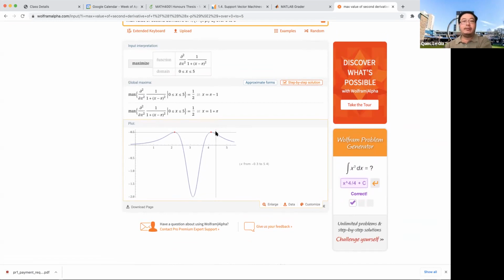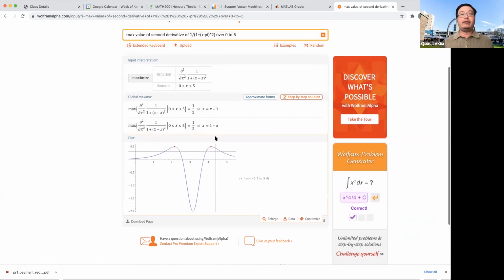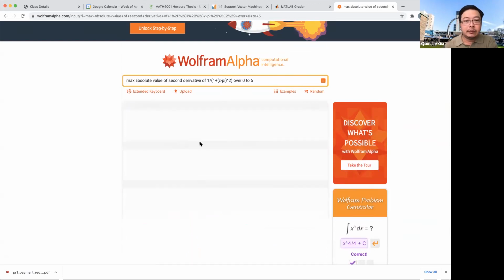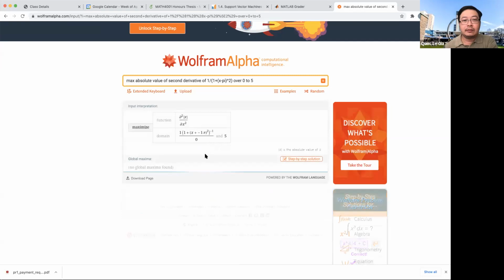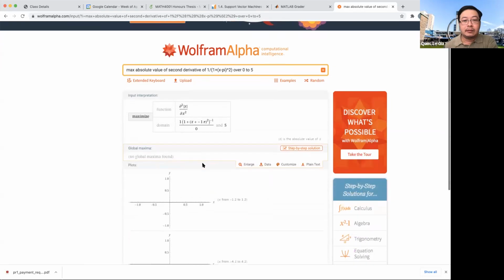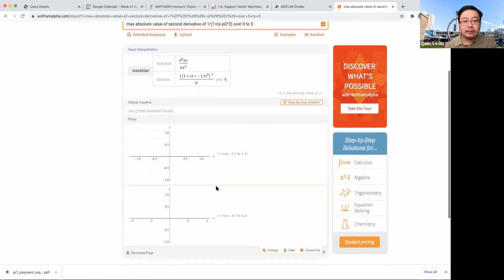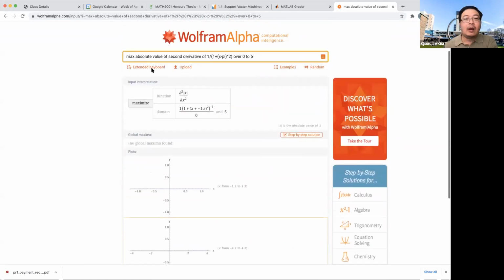We don't want the value, but we want the max absolute value. As you see, the absolute value can be bigger. No global. Okay, so maybe we see the plot again.